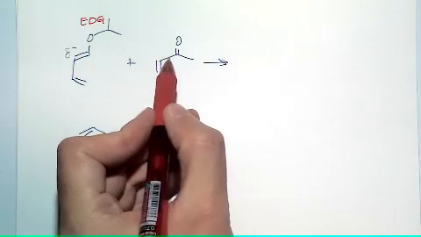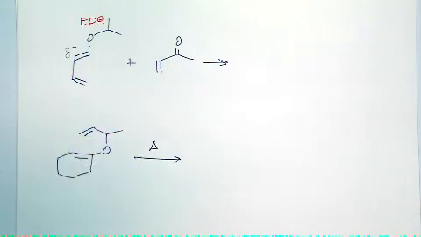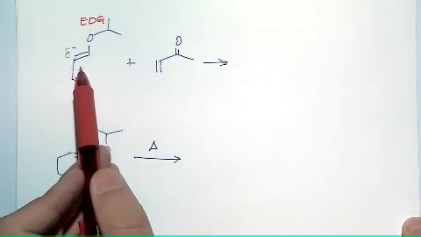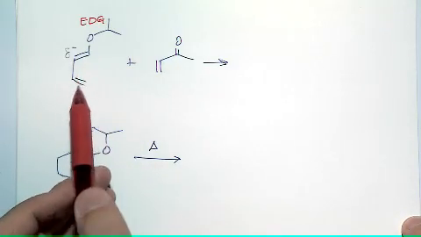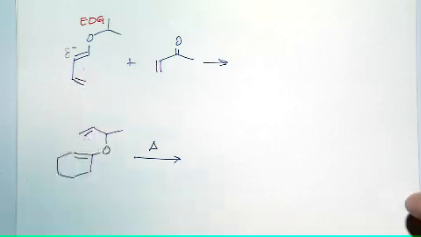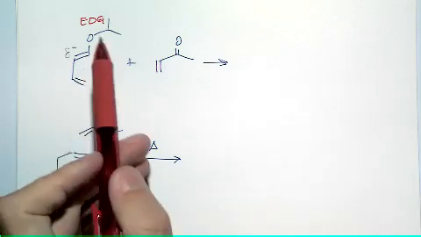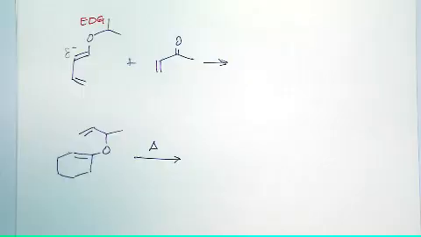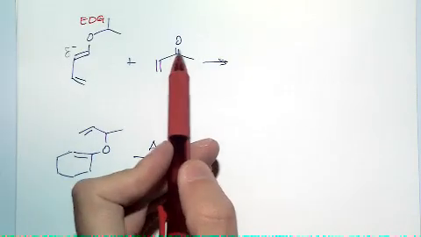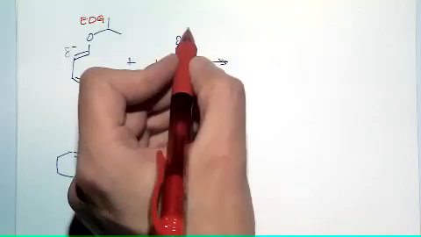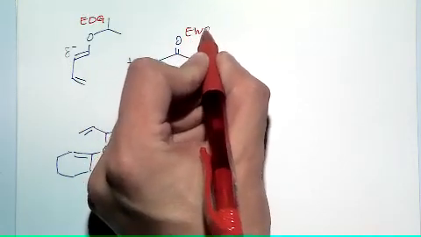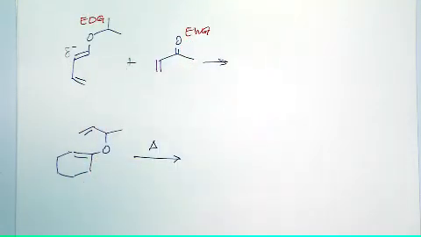And how do you know it's an EDG? If you've got an oxygen directly attached to the diene, that's going to be an electron donating group. So an alkoxy group like this, or an alcohol, something like that, those are going to be electron donating. If you've got a carbonyl adjacent, that's going to be an electron withdrawing group.